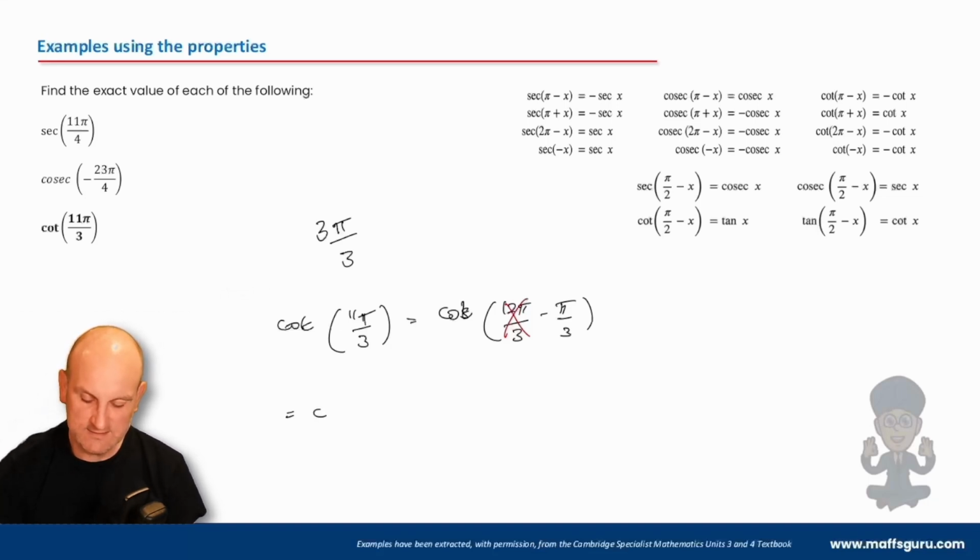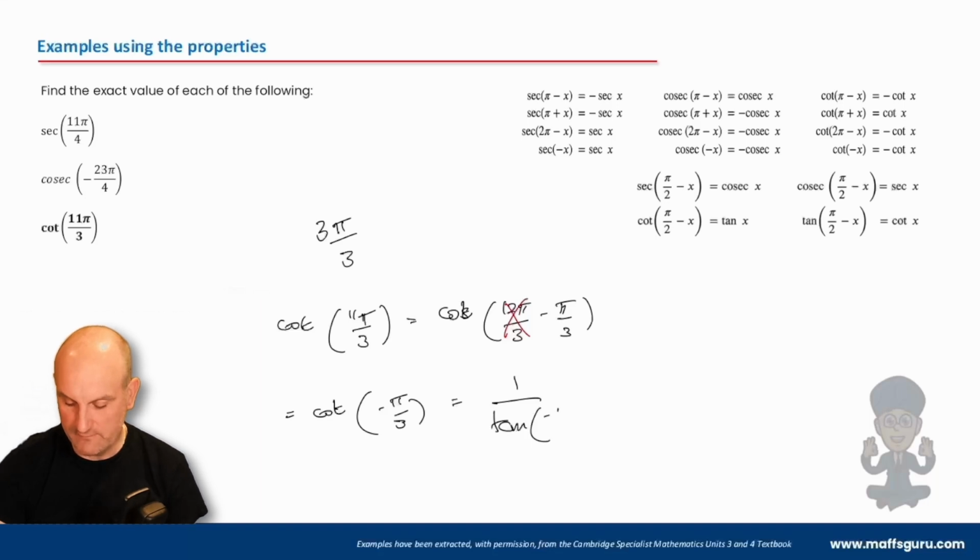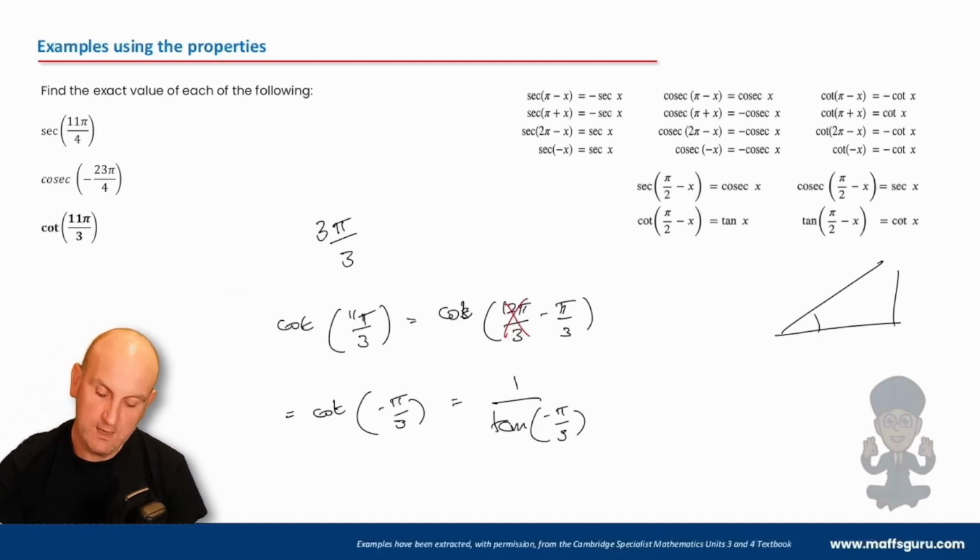So that's the same as the cot of negative pi on 3, which is 1 on the tan of minus pi on 3. Well, minus pi on 3, so pi on 3. We've got a triangle 1, 2, root 3, and that's pi on 6. That's pi on 3. So tan of pi on 3 is root 3.